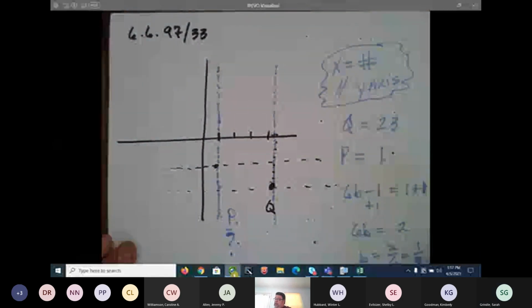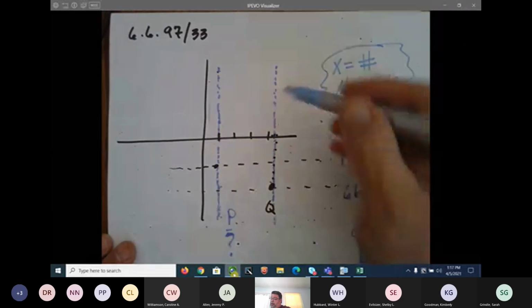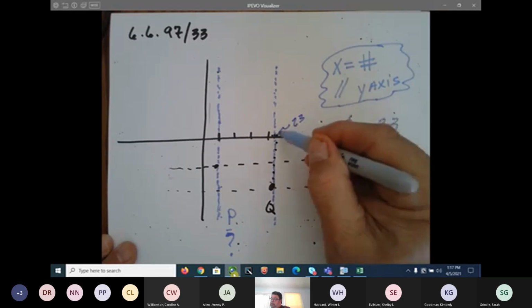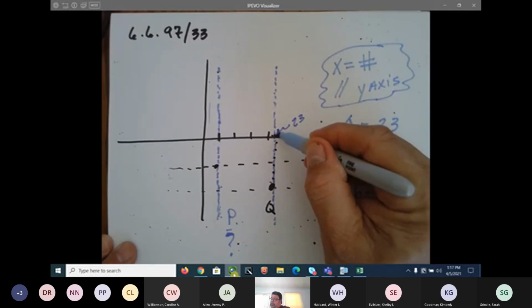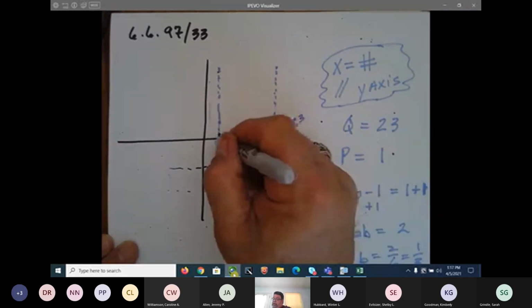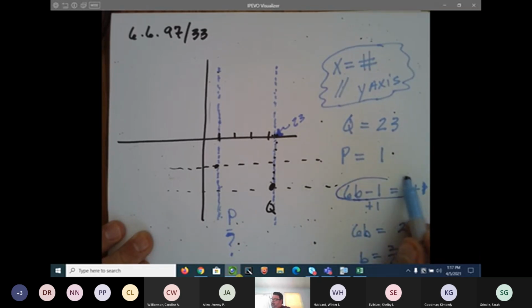Okay? And if x is equal to a number, we know that Q is equal to 23 because it's parallel. So that's 23 right there. x is equal to 23. And if x is equal to 1 here, then I set 6B minus 1 is equal to 1.